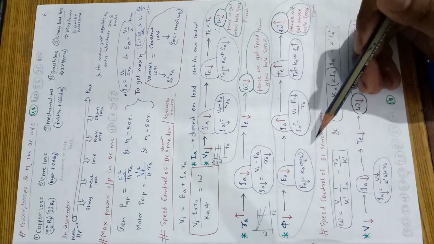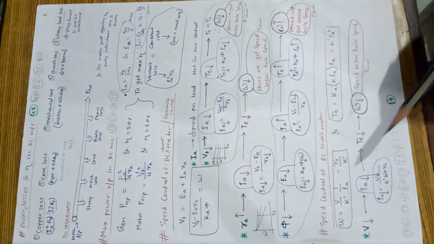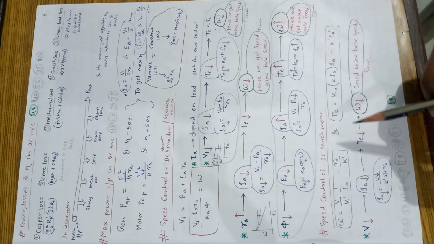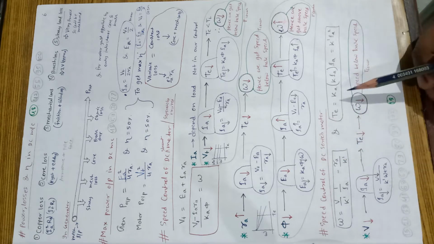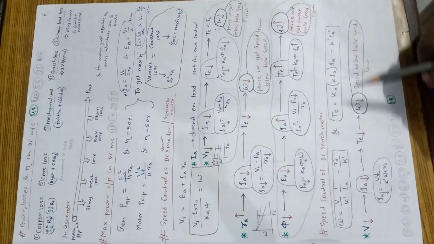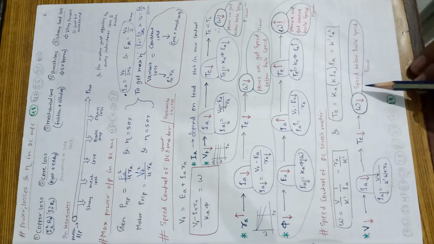Same happens for DC series also, the only difference is in their formula, because we have a different torque formula. Because the field winding is connected in series with the armature, there is a little bit of difference.